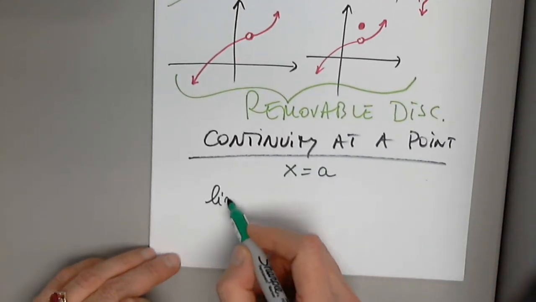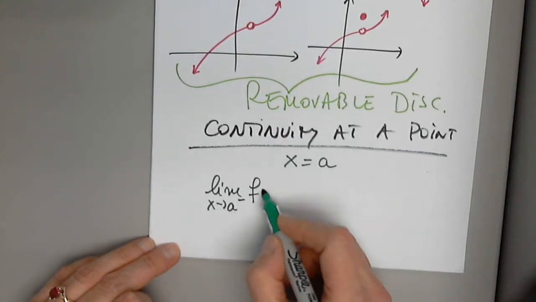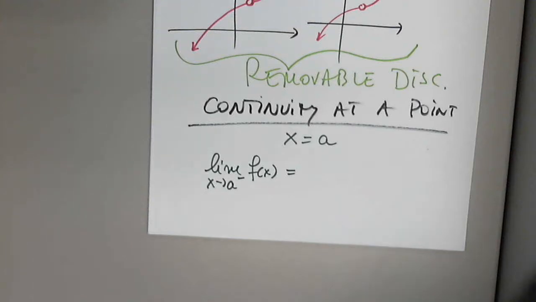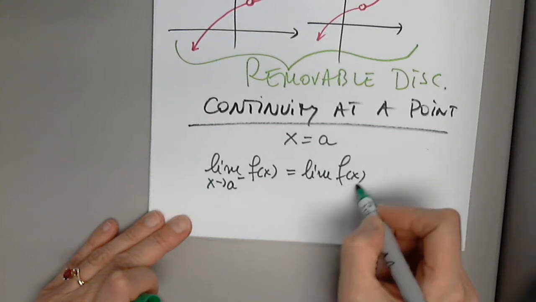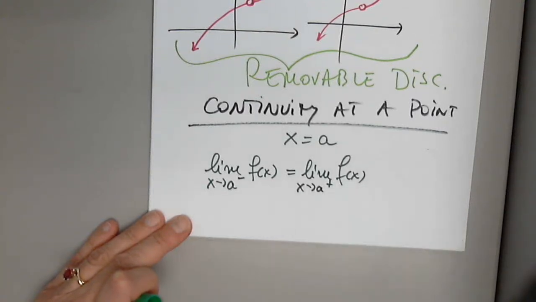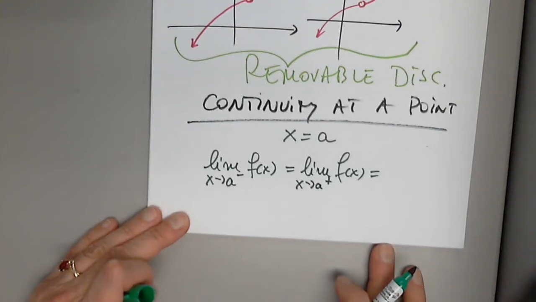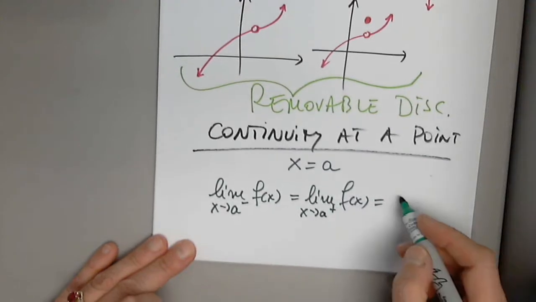So let's write the limit as x approaches a from the left of f of x. What do I write next? Must equal the limit of f of x as x approaches a from the right, and must equal f of a, which we just wrote. Exactly.